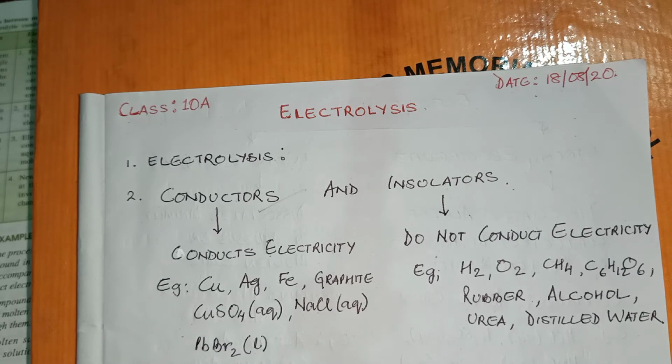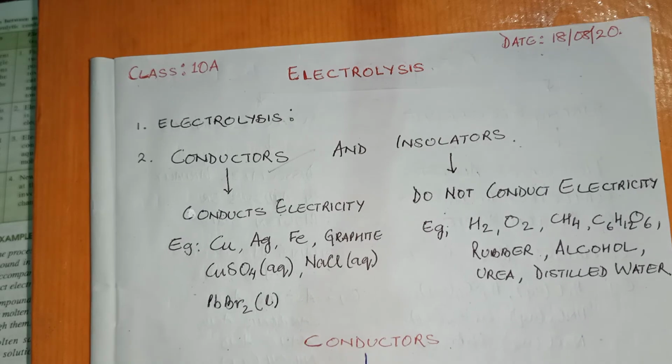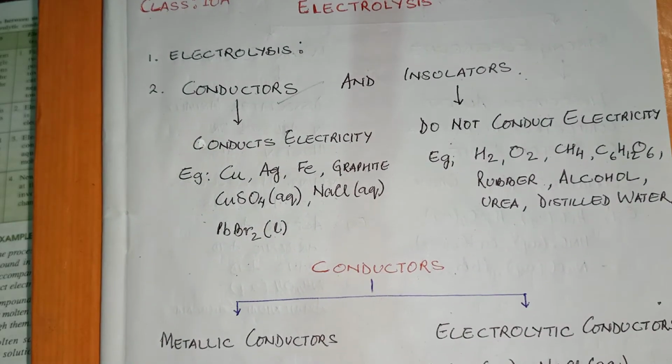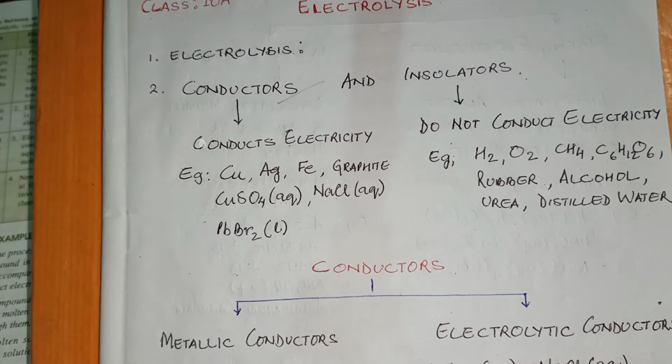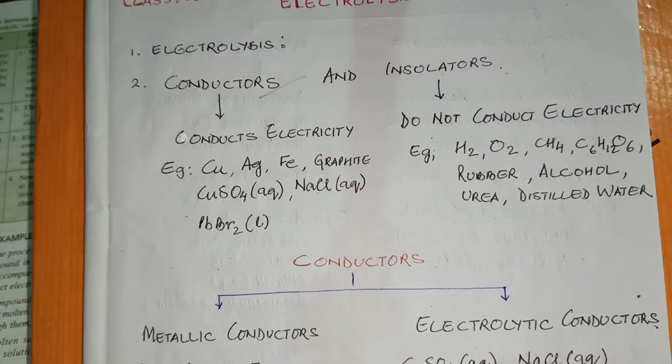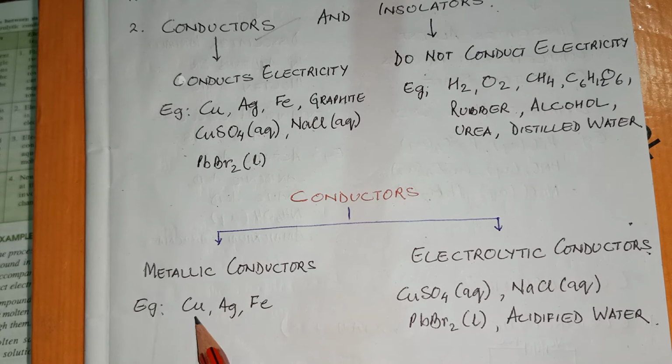Now conductors are also of two types, and they are metallic conductors and electrolytic conductors. Metallic conductors are those conductors which are made up of metals. For example, copper, silver, iron, they are all metallic conductors.